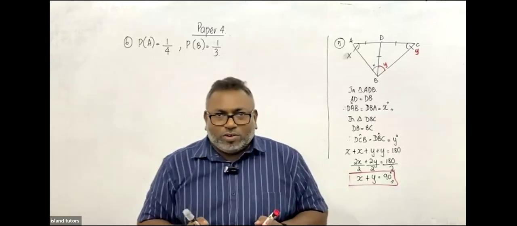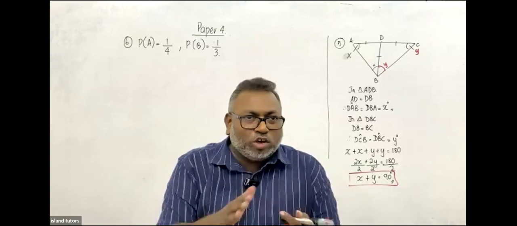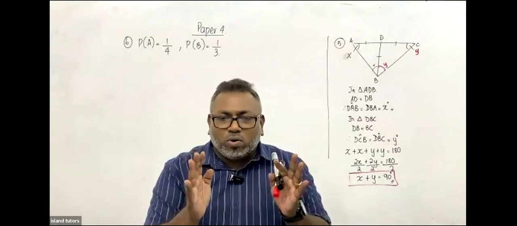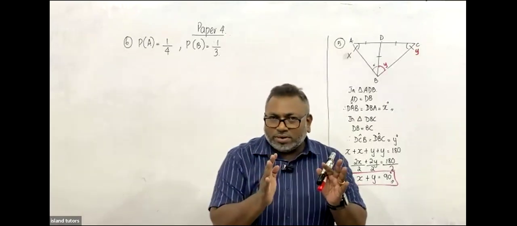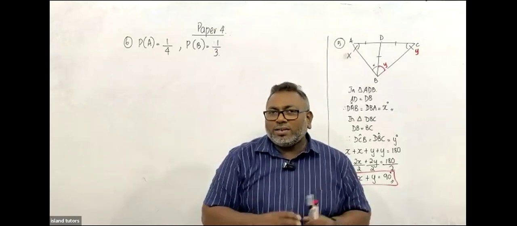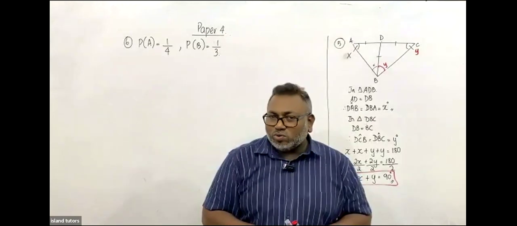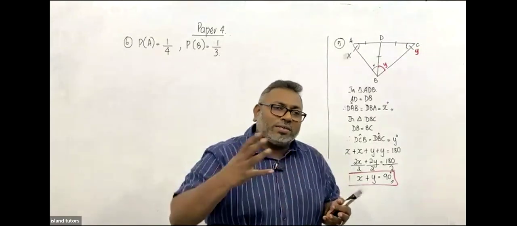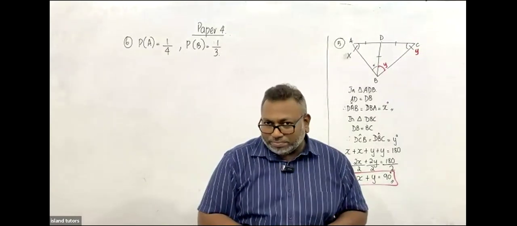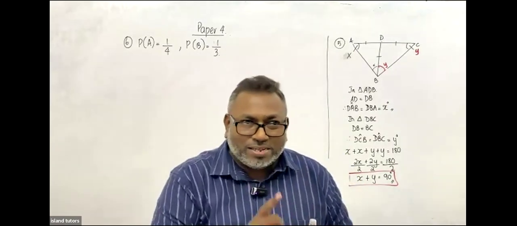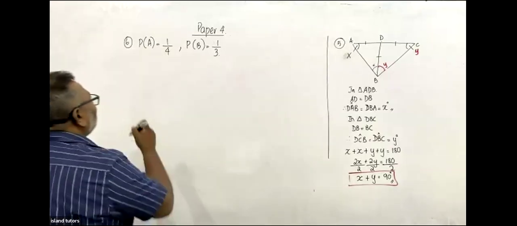Either you're going to get heads or you're going to get tails, not both together. So flipping a coin is a mutually exclusive event where one falling will not affect the probability of the other. Not occurring together means there is no intersection.